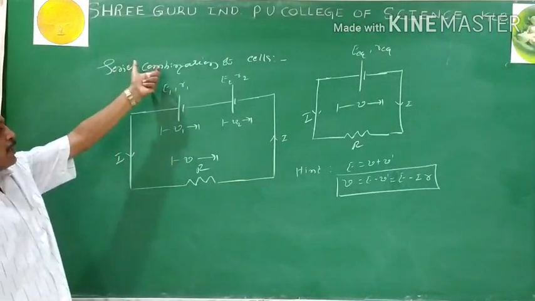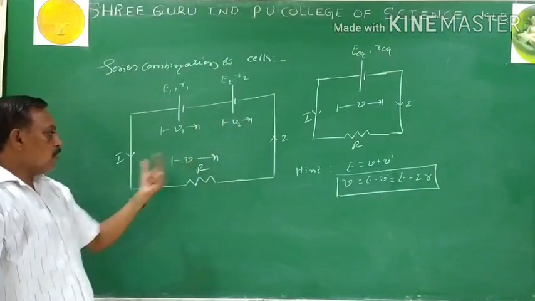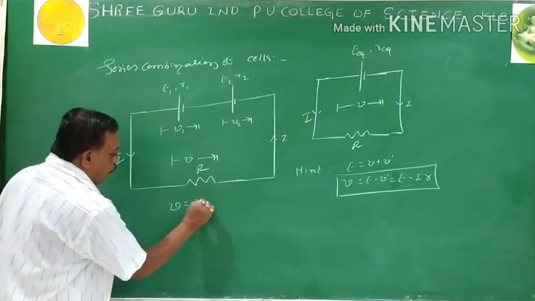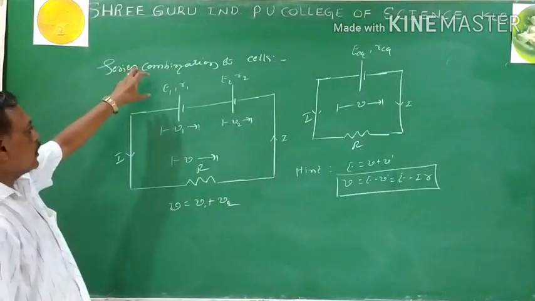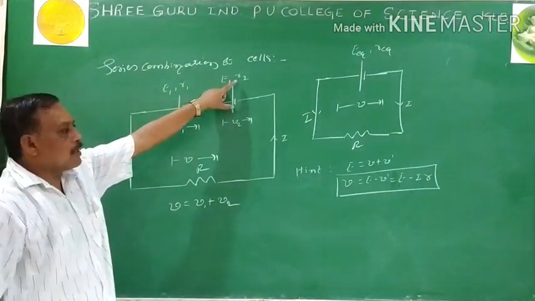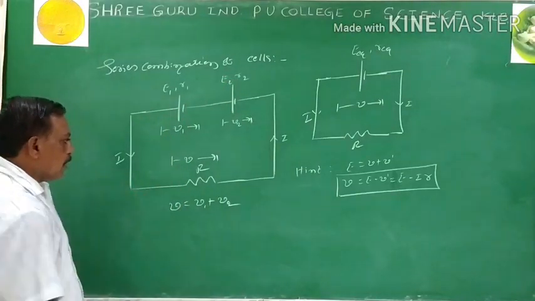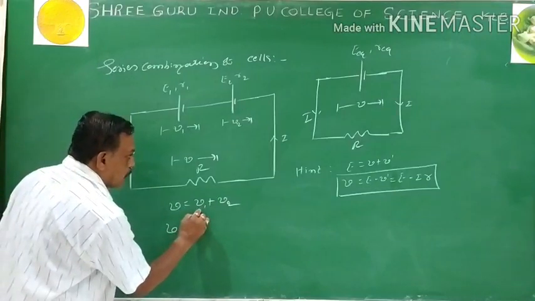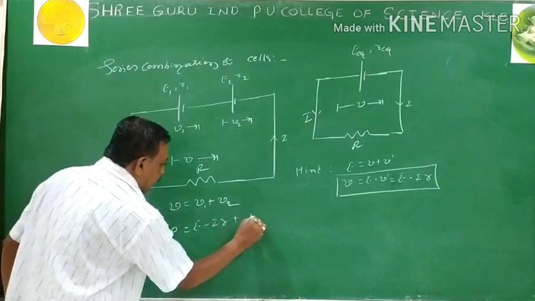From the series combination, the total potential difference V equals V1 plus V2, the potential differences across the internal resistances R1 and R2, while the potential difference across the external resistance is capital R. Then V equals, what is V1? E minus IR plus E minus IR.